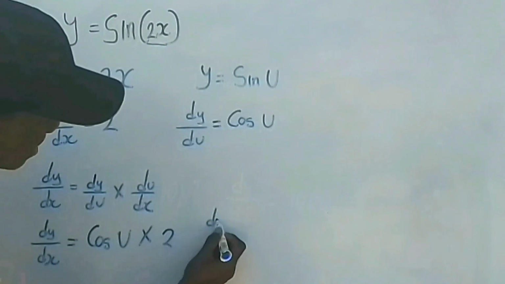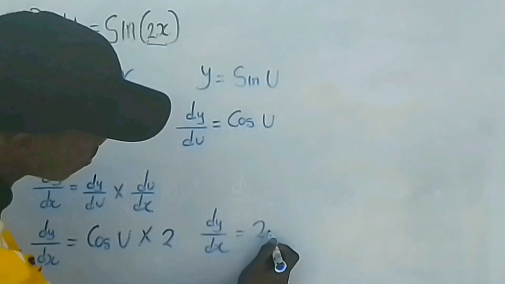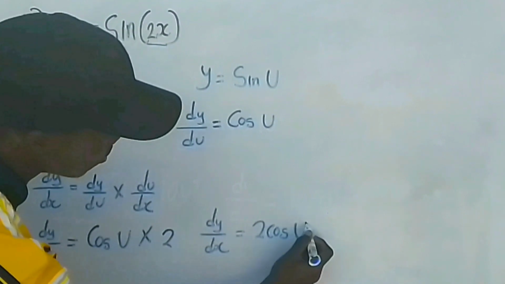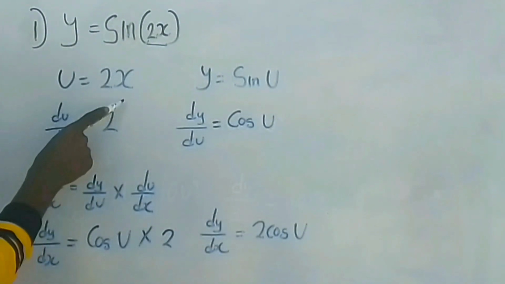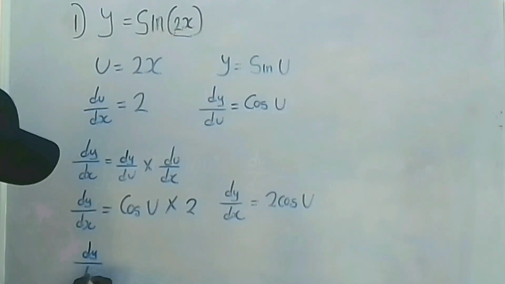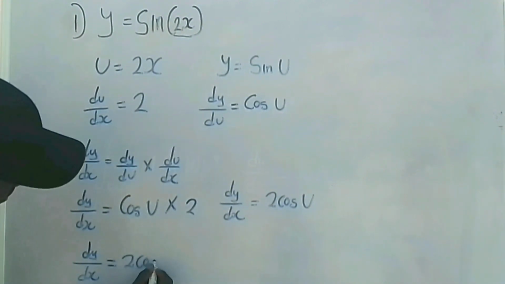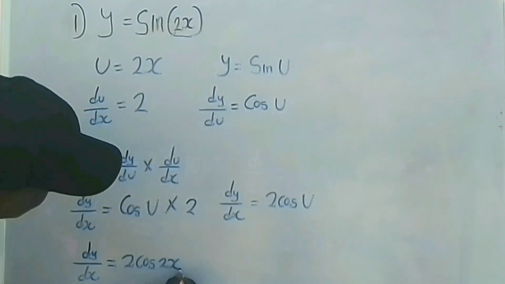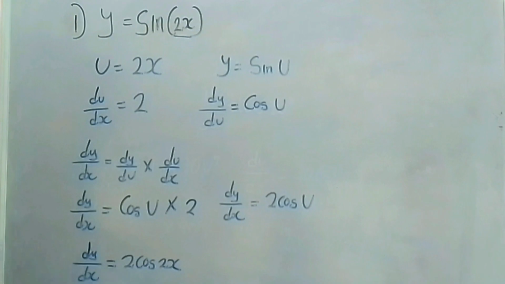So dy/dx is equals to 2 cos u. Now don't forget that I have set u is equals to 2x. So therefore I'm going to substitute, dy/dx is equals to 2 cos 2x. So the derivative of y is equals to sine 2x is 2 cos 2x.